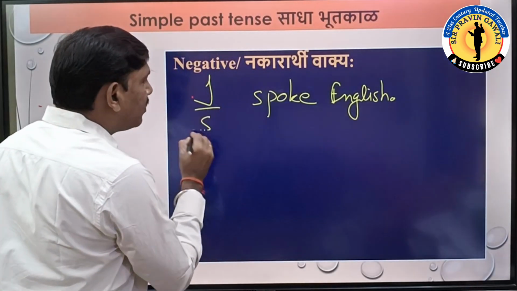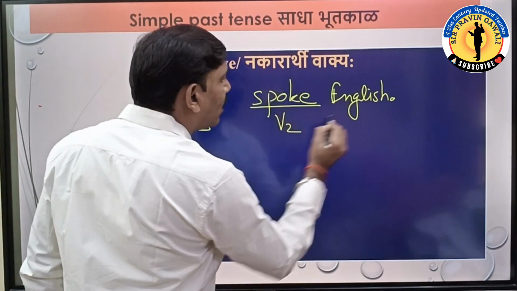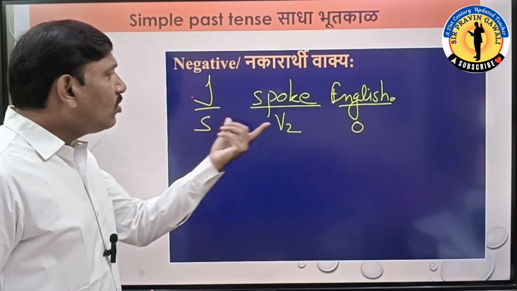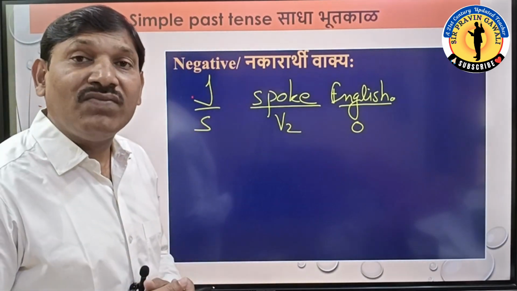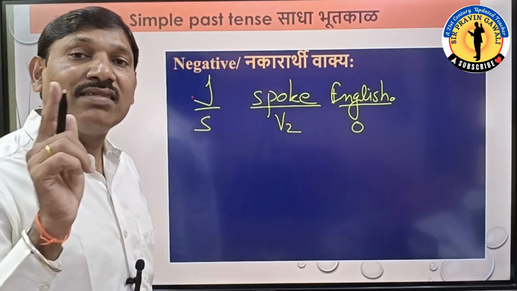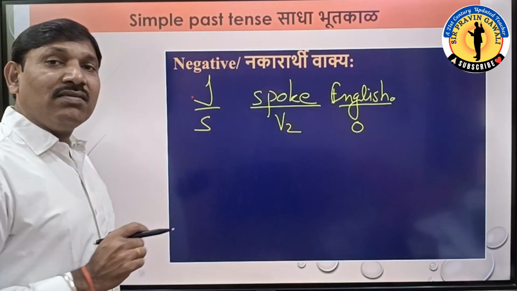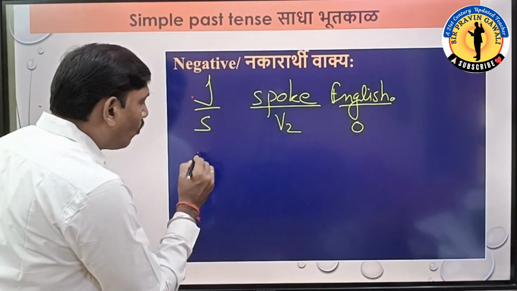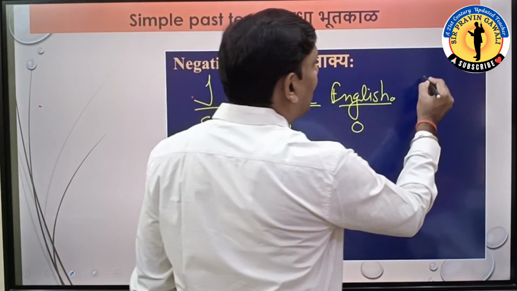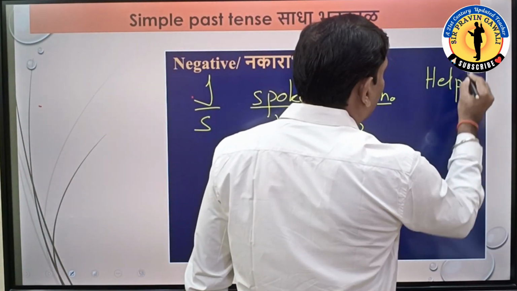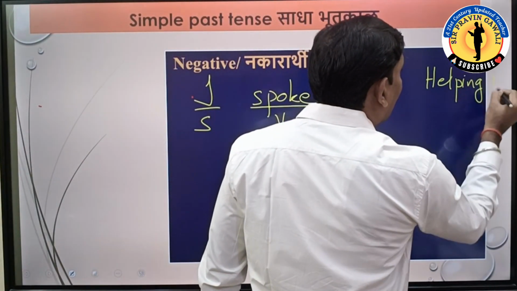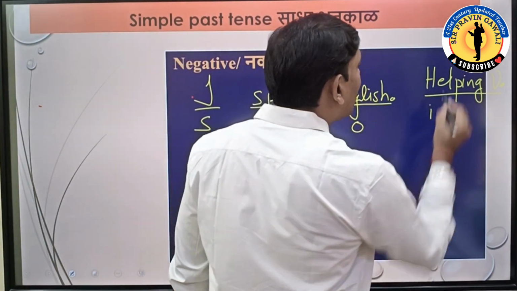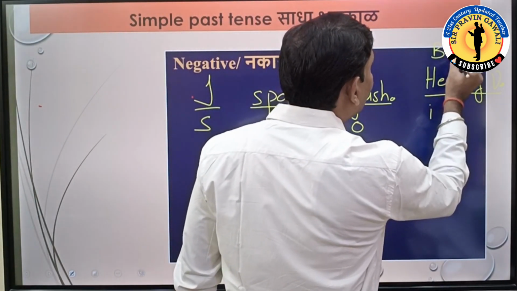I is the subject here, spoke is the second form of the verb, and this is the object. I am not going to talk about the object more here. Now how to make the negative of this sentence, the sentence which is in the past tense? Dear students, you know that if you want to make a negative, we require what? The helping verb. Which are the helping verbs? For example, helping verbs are the verbs of be, we can say.